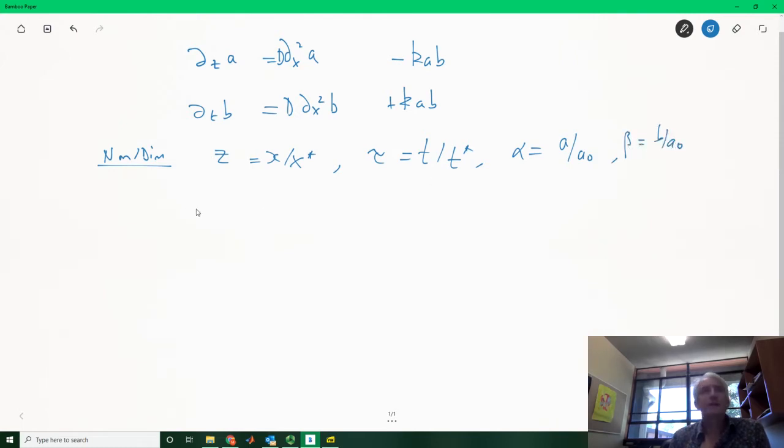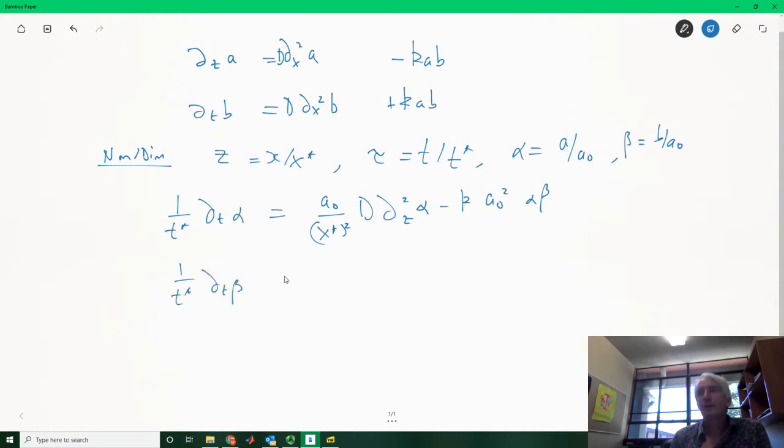And if you substitute that into the system of equations, you end up with 1 over tau star times the tau derivative of alpha is equal to a naught over x star squared times D times the second z derivative of alpha, minus k a naught squared alpha beta, and then the same for the equation for beta.